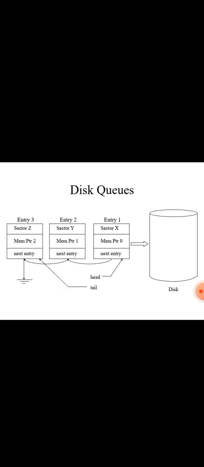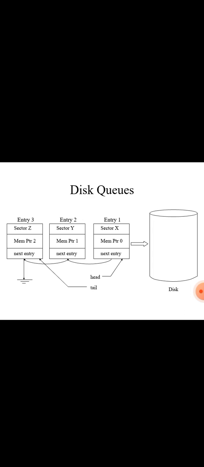After finishing the two entries, we jump to entry number 3. Entry 3 also has a sector name available. For example, entry 1 has X, entry 2 is Y, entry 3 is Z. Each also has a separate memory pointer and memory space. After finishing the 3, you go to the next entry.